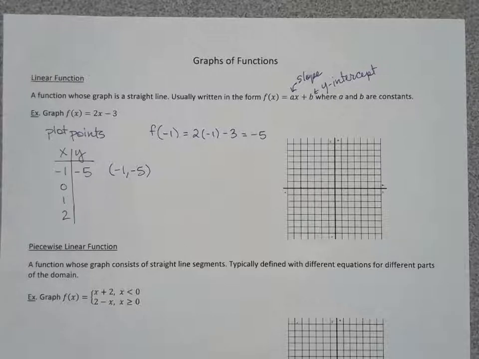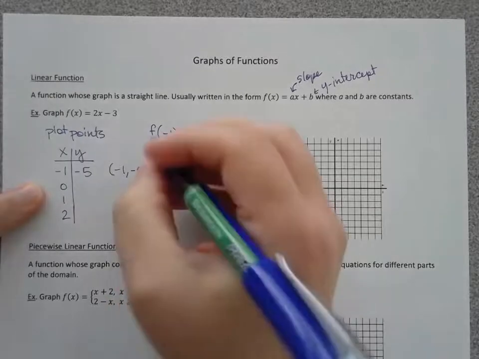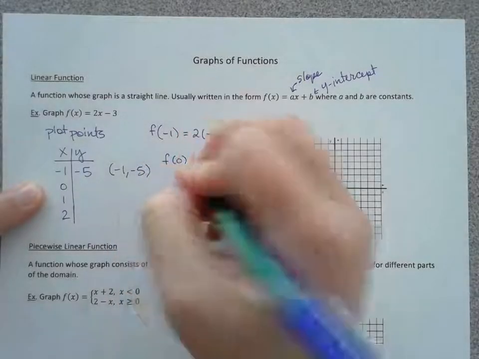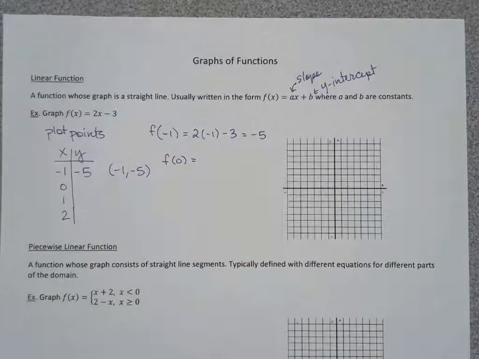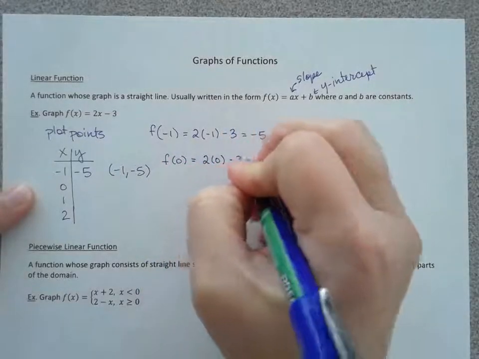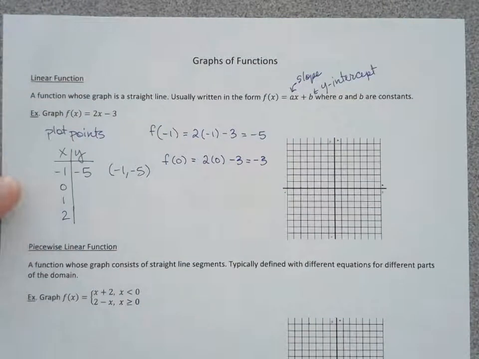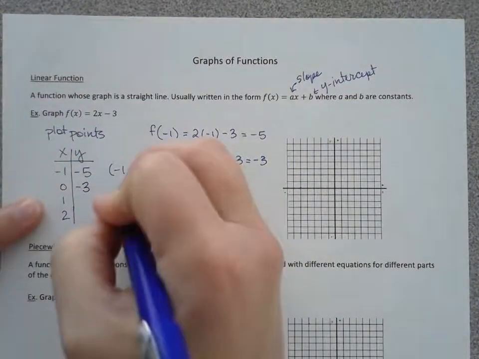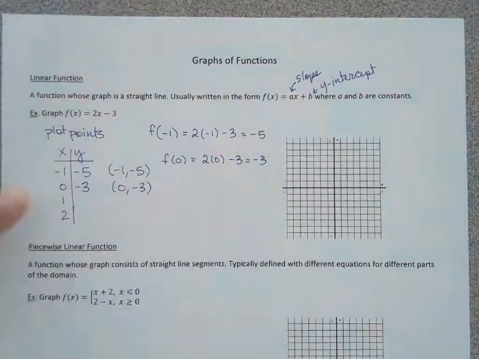I'm going to do the same thing for each one of these. For 0, I'm going to substitute in 0 for x into the function. So we have 2 times 0 minus 3, which is -3. That gives us the point 0, -3. Substitute in 1.